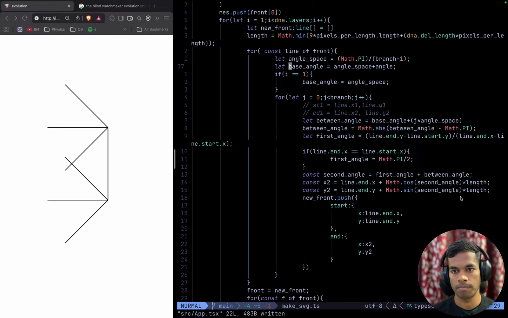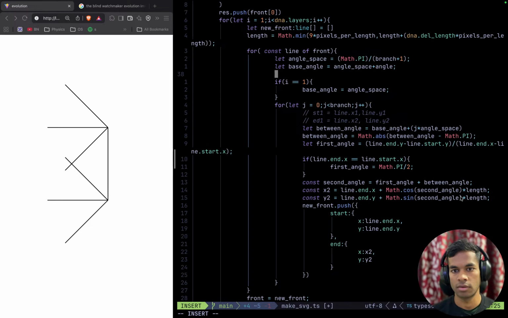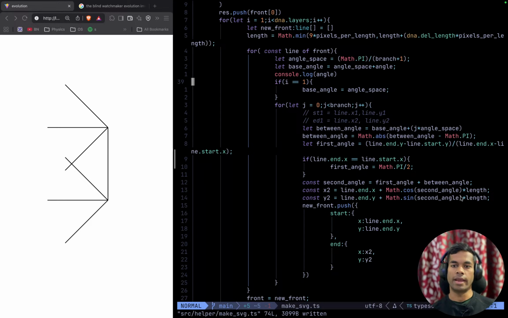And okay, angle space plus angle. Angle is 90, right? And angle space is math dot pi divided by branches plus 1, which is correct. This should work.